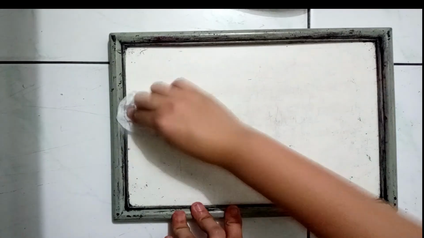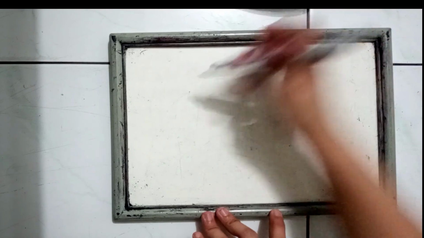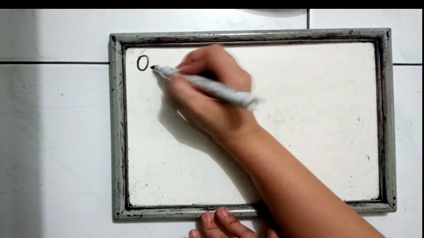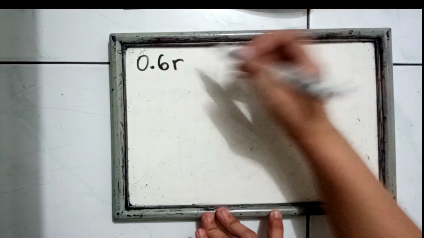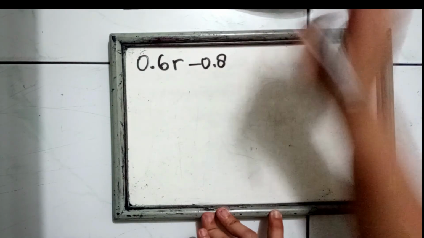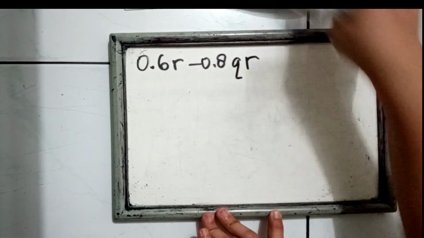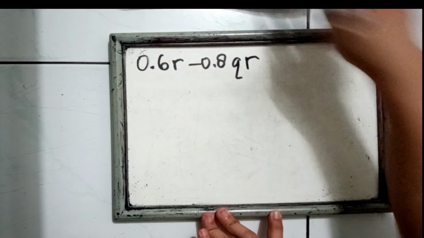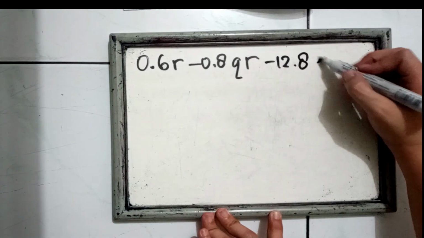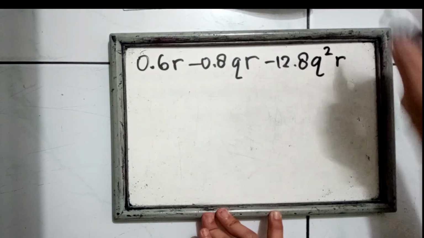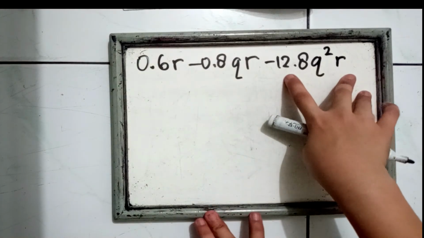Now we'll continue to 5B. The question is 0.6r minus 0.8QR minus 12.8Q square R. Okay, we want to vectorize this, but before, let's change the position.